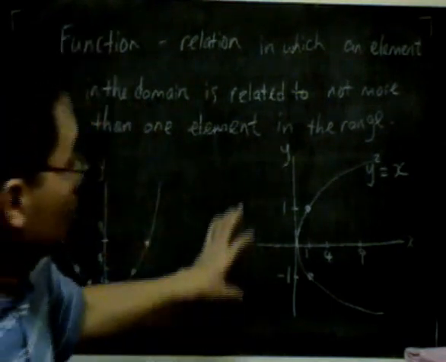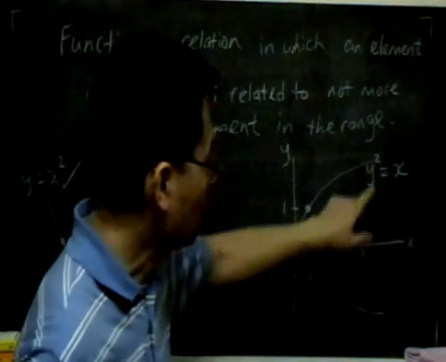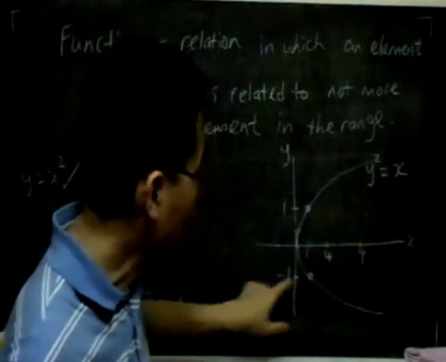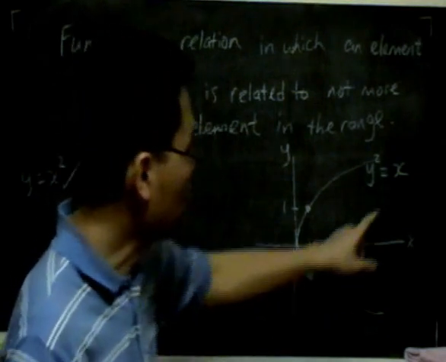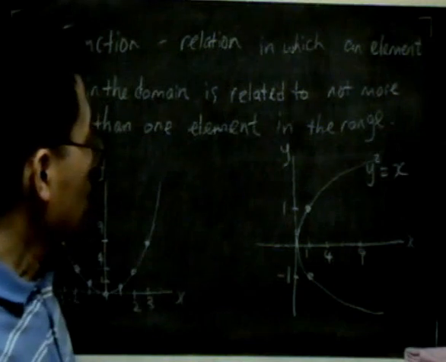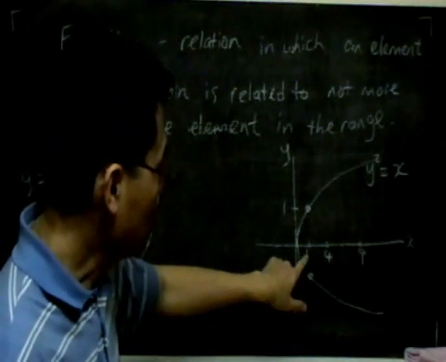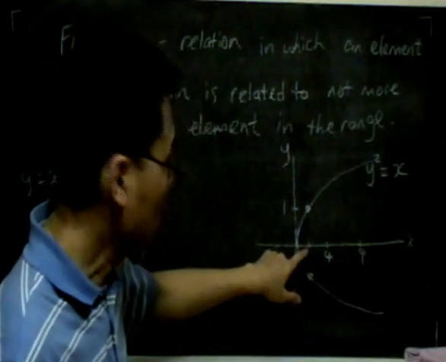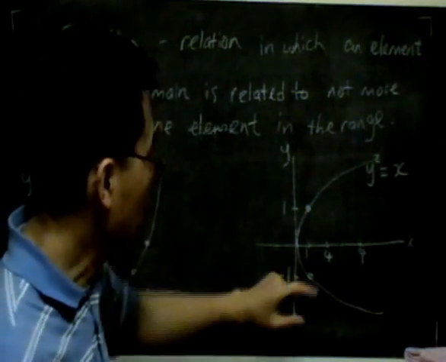The reason is that the equation is y squared equals x. When you take the square of 1, the answer is 1. When you take the square of -1, -1 times -1 is also 1, because the minus and minus cancel when you square it. So we now see that the value 1 in the domain is mapped onto two possible values of y.